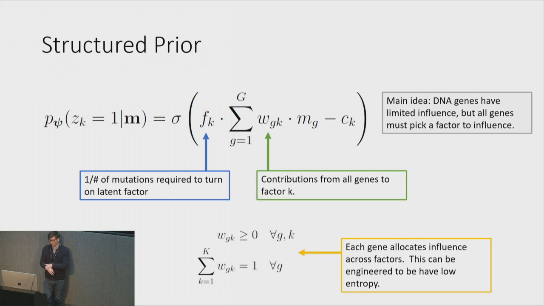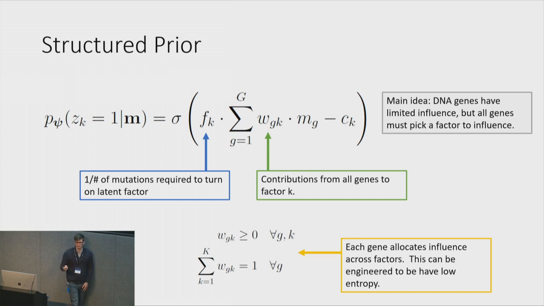Now, the structured prior, I haven't really spoken about what it actually is, and as this is work in progress, it's just a first version. But the high-level idea is this. Each gene has a set of weights that go into the different factors. So there's k weights per gene, and they're constrained to sum to 1.